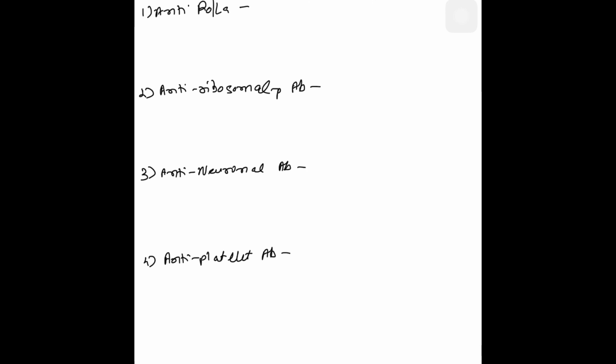First is anti-Ro. It can cross the placenta. Hence, if there are higher levels of anti-Ro antibody, it will cross the placenta, and the amount of this antibody will increase in the fetus, and it can cause increased risk of congenital SLE in the fetus.